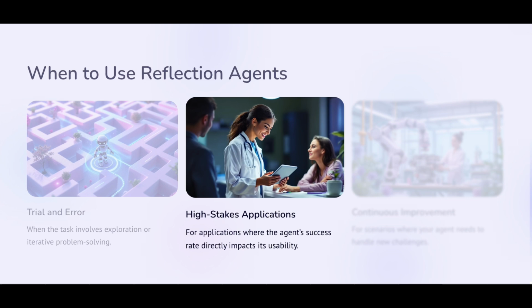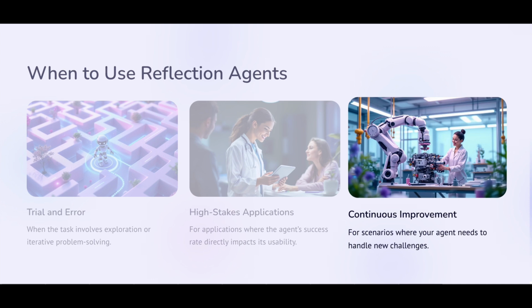Let's say the agent's success rate directly impacts its usability, maybe in something critical like healthcare or e-commerce. In these cases, learning from mistakes is non-negotiable. And third, when continuous improvement is needed. Think about scenarios where your agent needs to handle new challenges or edge cases that weren't part of initial training. These are just a few examples of when reflection agents can take your AI project to the next level.